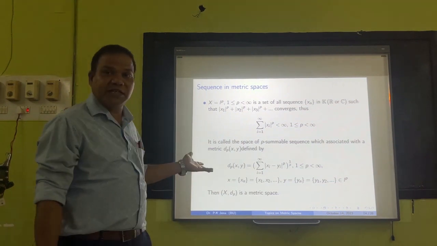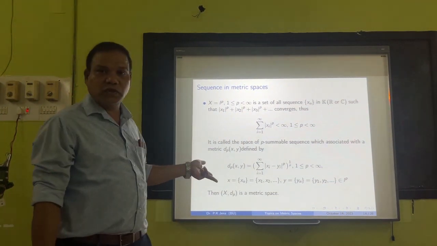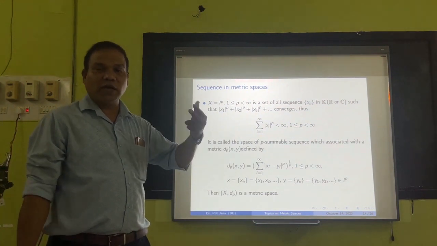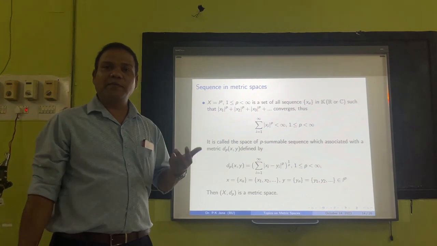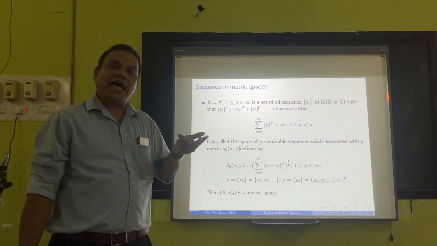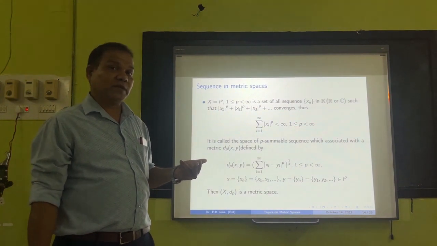Directly we have written the dp metric. You can consider p as 1, 2, 3, but not only natural numbers; you can take any real number between 1 and infinity. You can consider p as 3 by 2.